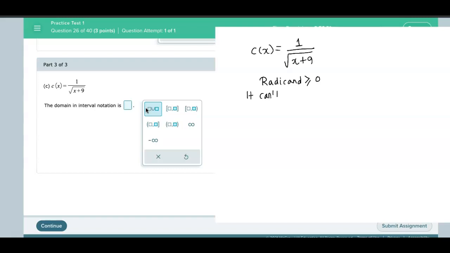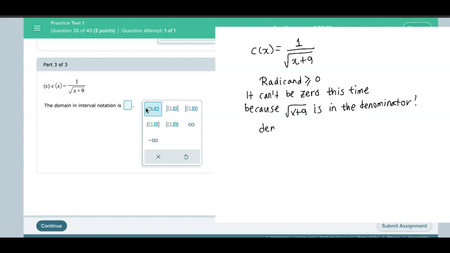It can't be 0 this time because the square root of x plus 9 is in the denominator. And we all know that a denominator cannot be equal to 0. Bottom of the fraction can't be 0, period.